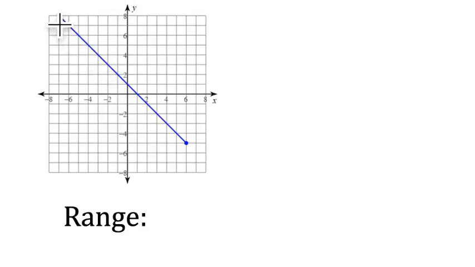If we continued along this line forever, it would keep going up and up and up. So we can say that the range is y is greater than or equal to, well, the lowest y is -5. So y is greater than or equal to -5.